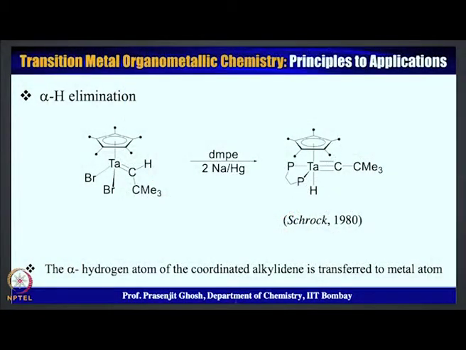So, this alpha elimination is also an effective method for synthesis of carbene complexes, and the same can be used for synthesizing a carbyne complex, and this has been achieved on a transition metal carbene complex.